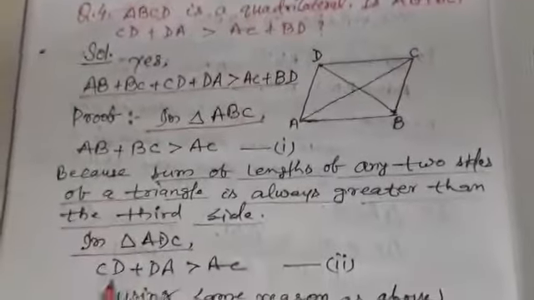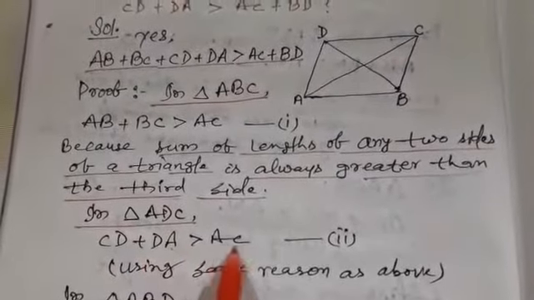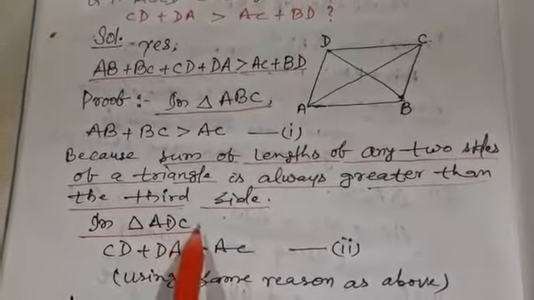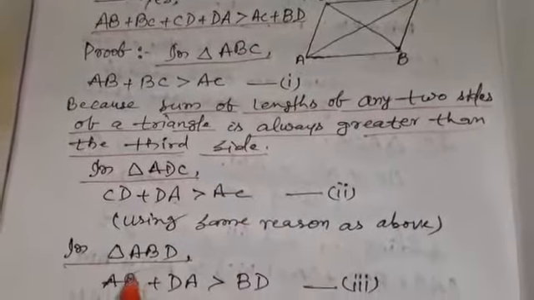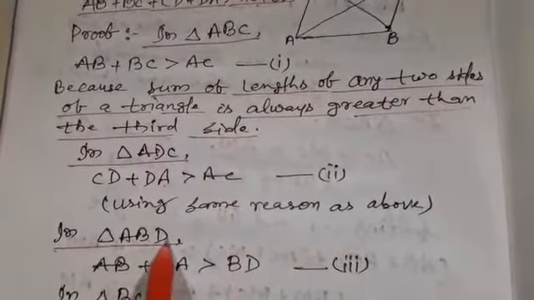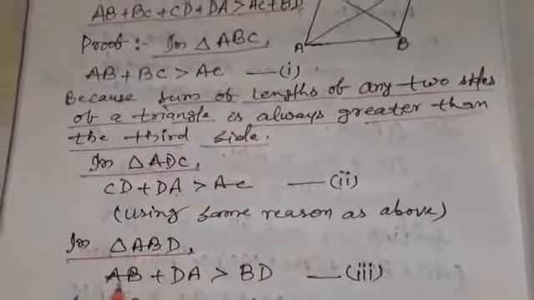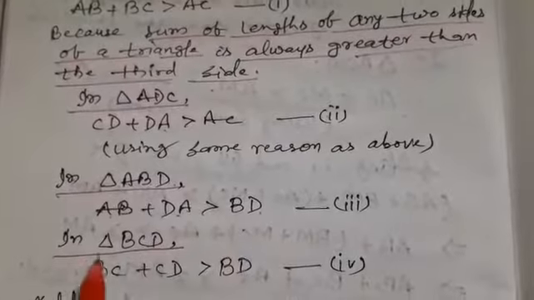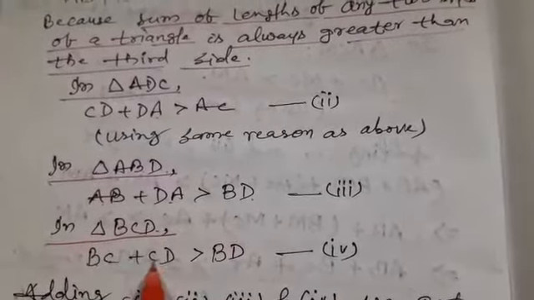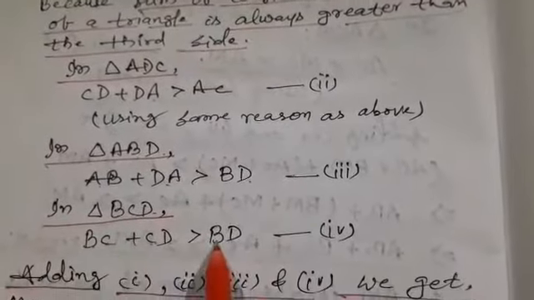So we write here CD plus DA is greater than AC in triangle ADC using the same reason. Again we see triangle ABD. In this triangle AB plus DA is greater than BD, and in triangle BCD BC plus CD is greater than BD. In this way there are four equations formed.